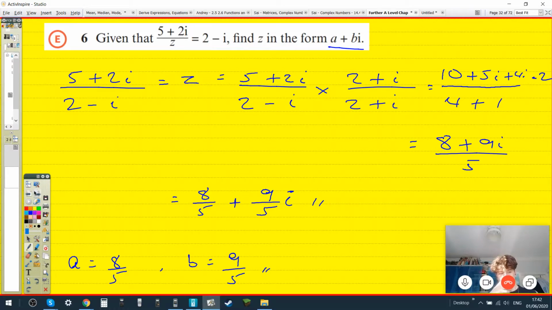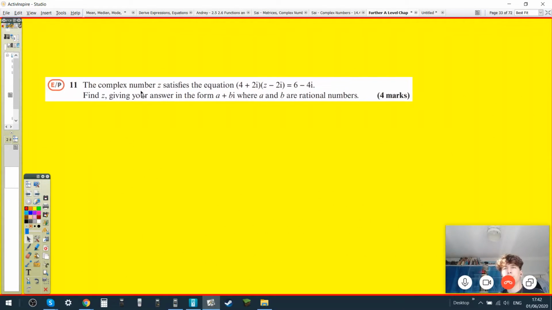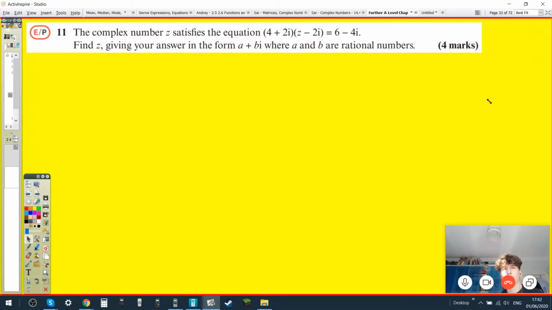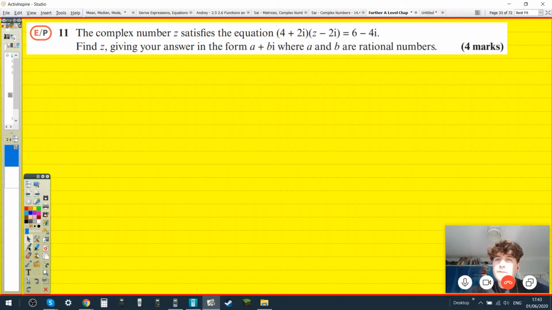No? Okay. Let's see. The complex conjugate. The complex number satisfies this equation. Find z. Okay. How do we do this? Satisfies the equation, find z.